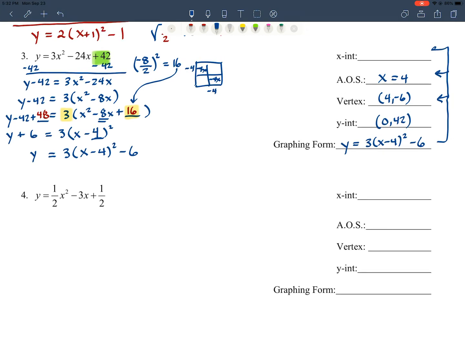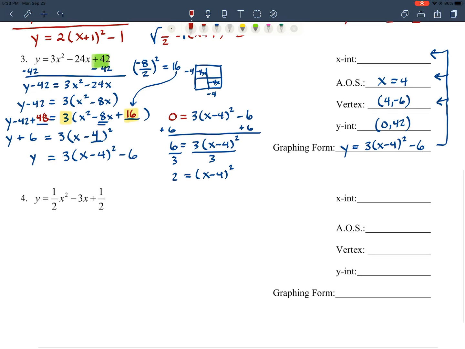And then we just need to find our x-intercepts on this one. So we'll take it and solve it one more time. 0 equals 3 times the quantity of x minus 4 squared minus 6. Add 6 to each side, so you've got 6 equals 3 times the quantity of x minus 4 squared. Divide each side by the 3. 2 equals the quantity of x minus 4 squared.